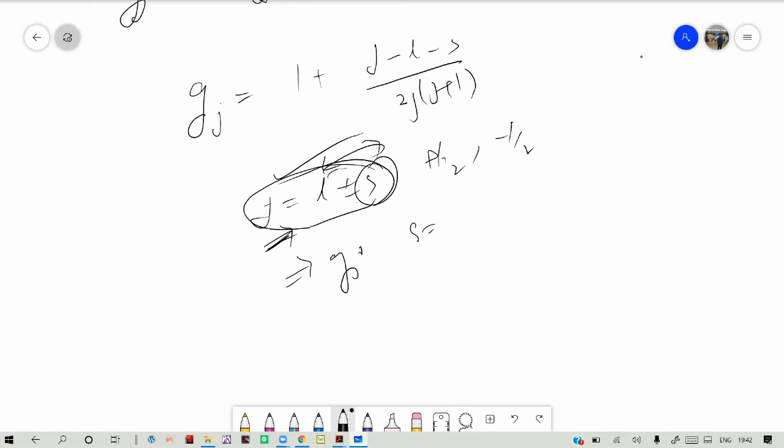corresponding to S equal to 1 by 2 and S equal to minus 1 by 2. Due to spin, the different values of J are not equal.